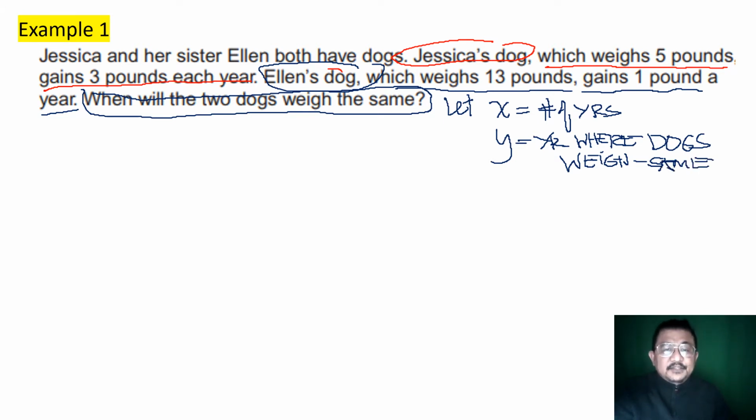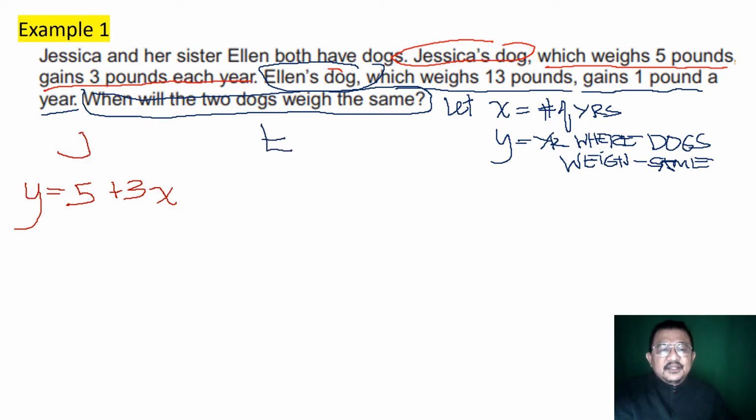Okay, so let's make equations. Let's start with Jessica's dog. All right? The weight where it's going to be the same is what? 5 pounds. 5 pounds is already there, and 3 pounds per year. We don't know how many years, okay? So next, let's look at Ellen's dog.